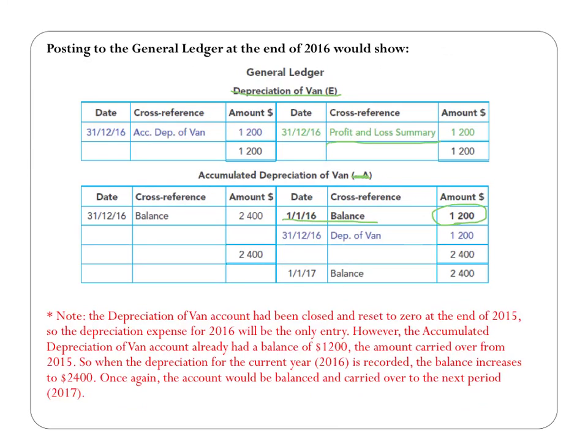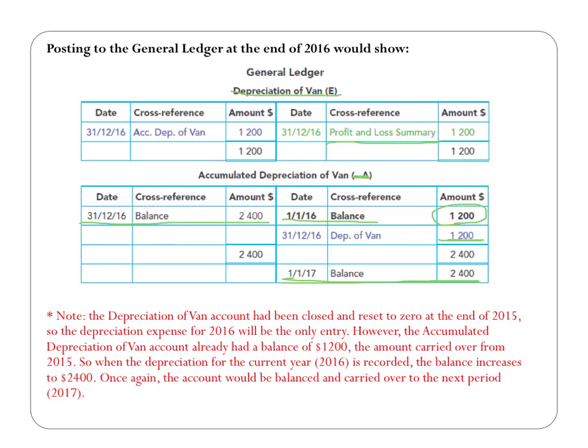And now for this reporting period during 2016, you've accumulated another 1,200 in depreciation expense. So record that, and now in total you have 2,400 accumulated depreciation. You need to balance this account at the end of 2016 and carry over the balance to the start of the next period, 2017.